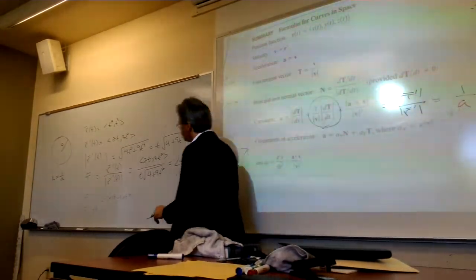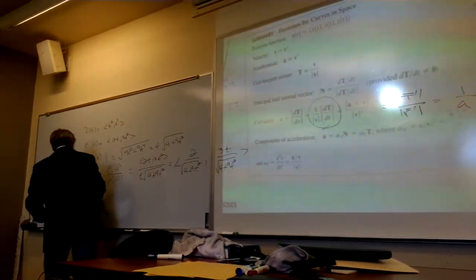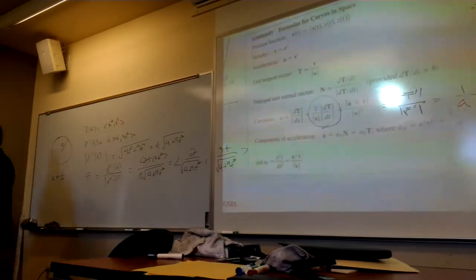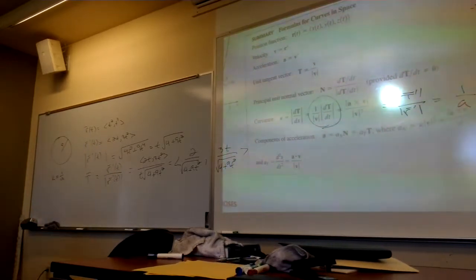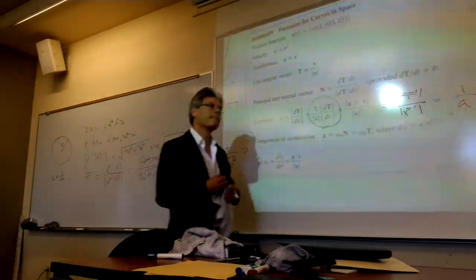And now I want to differentiate. You know, this is kind of clunky. Maybe this wasn't a very smooth example, because now I got to use a quotient rule. But we'll do it. I don't have enough room.